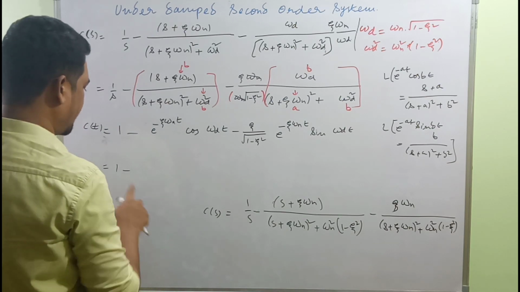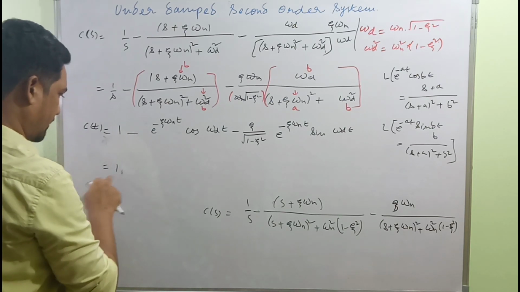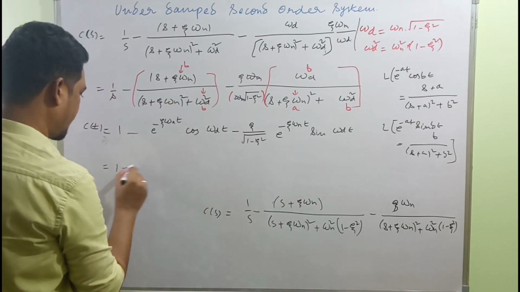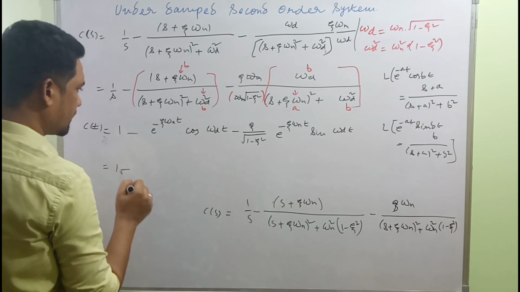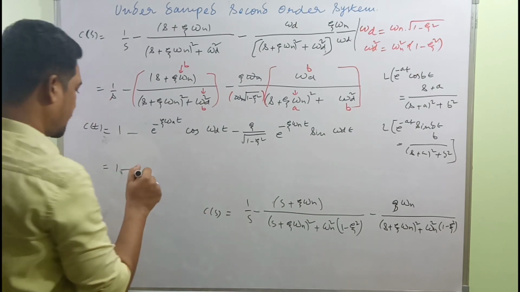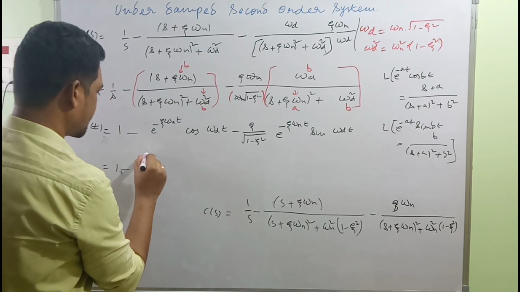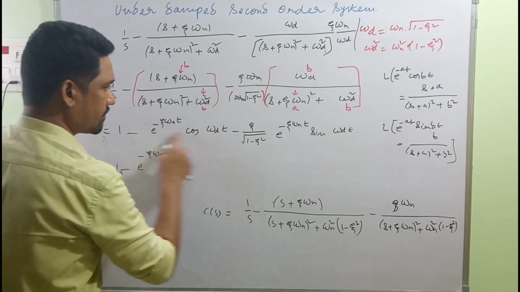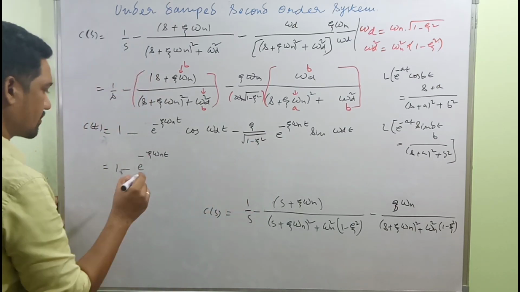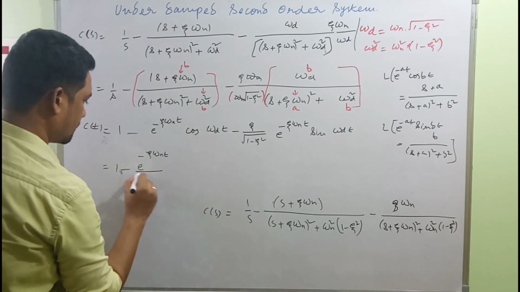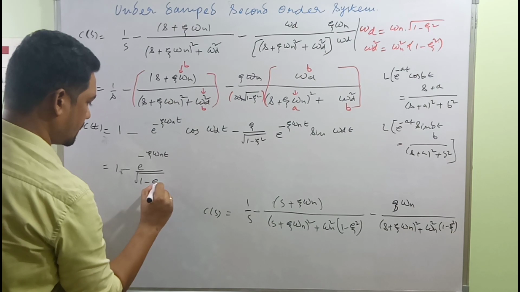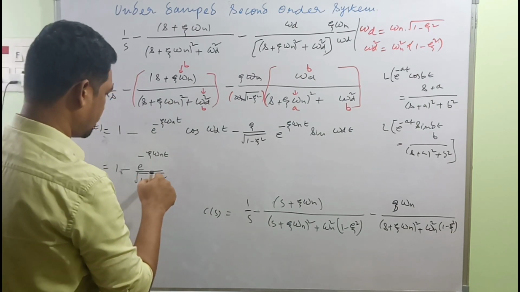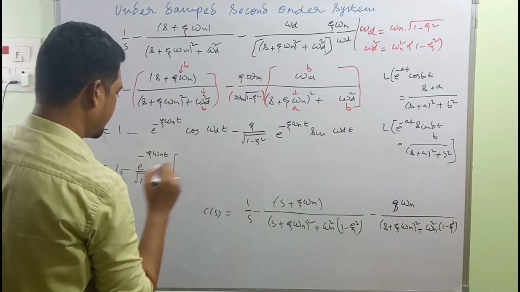something can be taken out as common. Taking out negative as common from this one and this one, so that negative has come out. Even something else can be taken out as common: e raised to minus zeta omega n t from here, and under root 1 minus zeta square could be taken out. So what will be left over here?